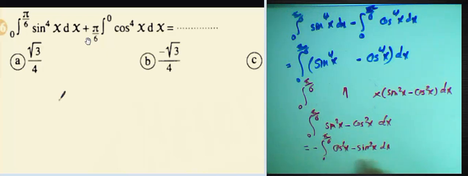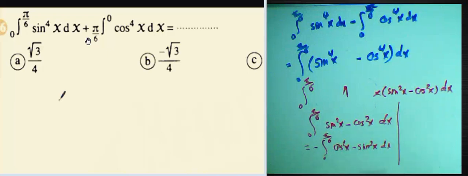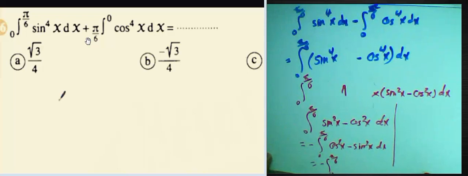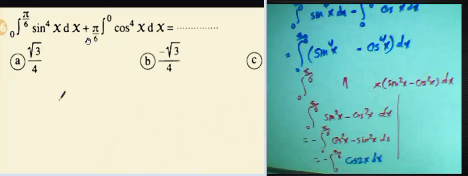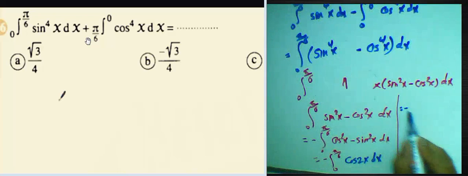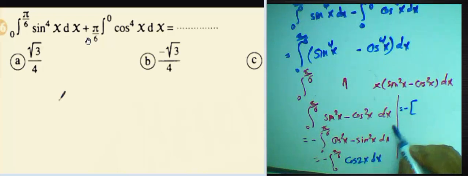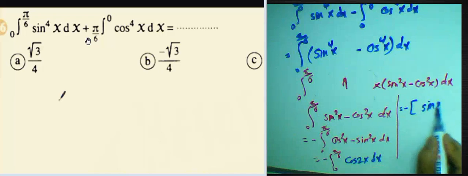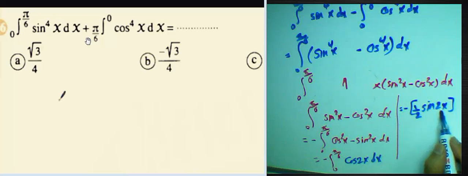We can cancel this identity here and write cosine 2x, from 0 to pi over 6 here, and this identity right here, cosine 2x dx, and we can find the integration of this function. I will write here, it will be negative outside. Integration of cosine will be sine 2x divided by 2, and write negative outside, over the interval from 0 to pi over 6.